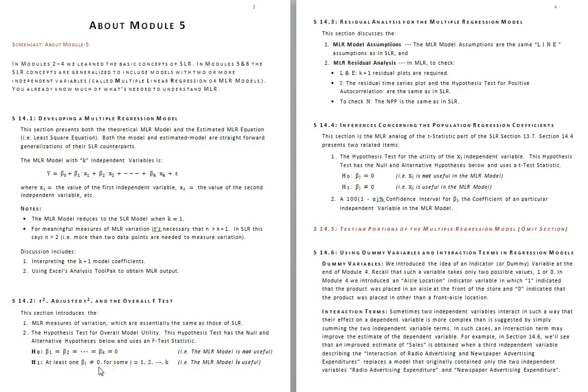That is, at least for one of the variables, when an x is plugged in, the estimate of y will change. That is, the multiple linear regression model is useful. This hypothesis test for overall model utility uses MSR over MSE as an F test statistic.